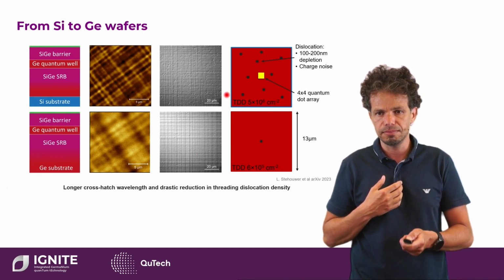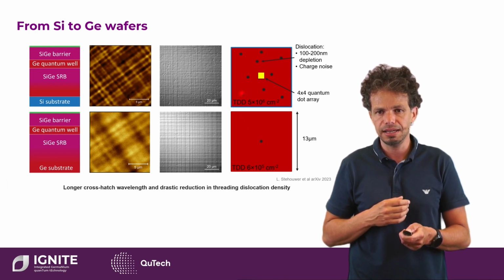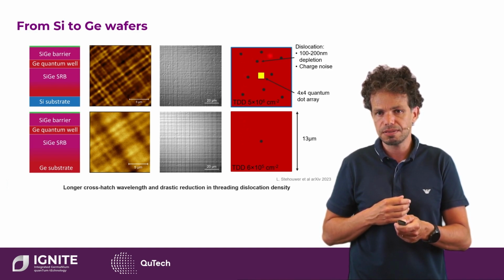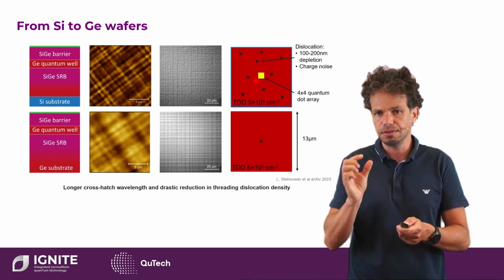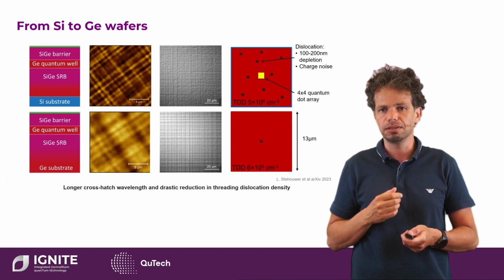Further on the right, you see these schematics which highlight how these random dislocations would compare to the length scale and the fingerprint of, for example, a 4x4 quantum dot array.